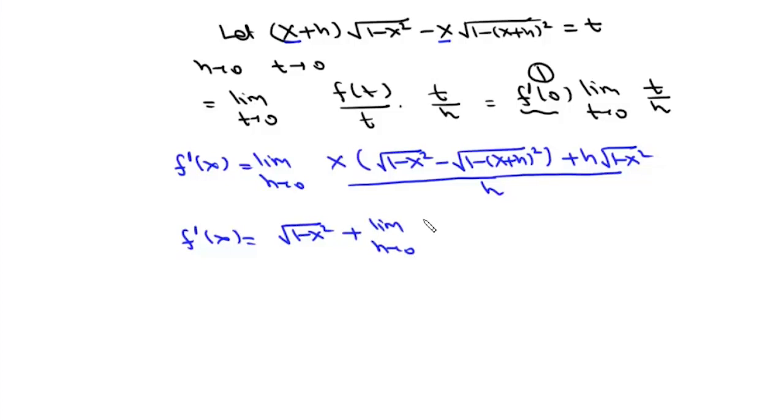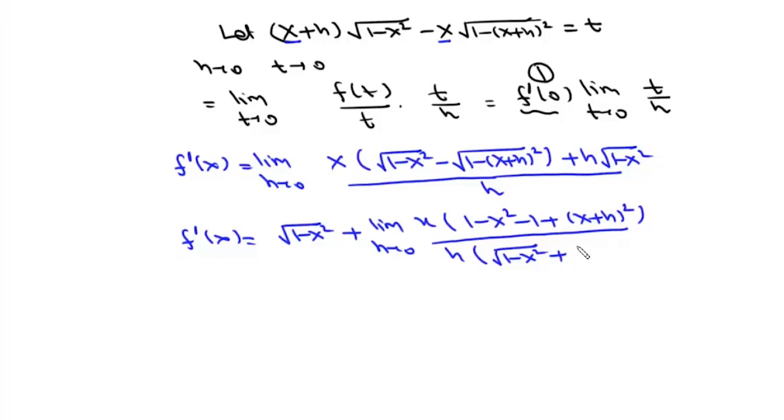h tends to 0, and this is x, and here we'll rationalize it, and if we rationalize it we get 1 minus x square and then minus 1 plus (x plus h) whole square upon h and then into under root of 1 minus x square plus under root of 1 minus (x plus h) whole square.